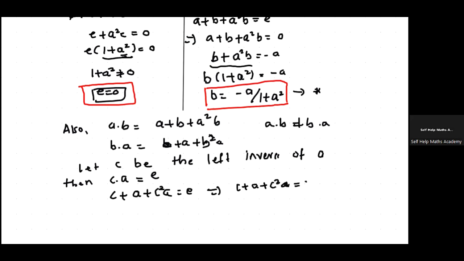Now, if you take this element again in this way, say for example, C squared A plus C plus A equal to 0.